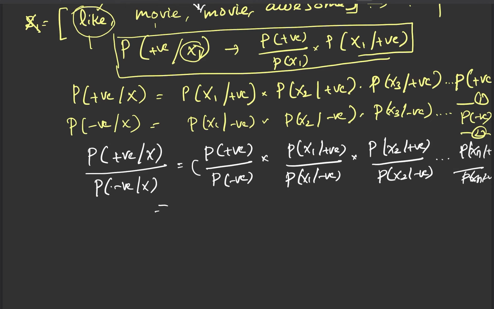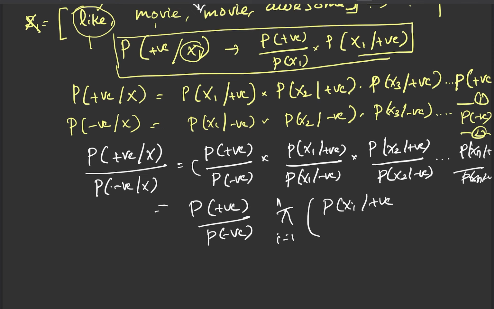When you simplify this equation, it becomes the probability of positive divided by the probability of negative, multiplied by the product for i equal to 1 to n, where n is the number of words in the sentence, of p of xi given it is positive over the probability of xi given it is the negative class.